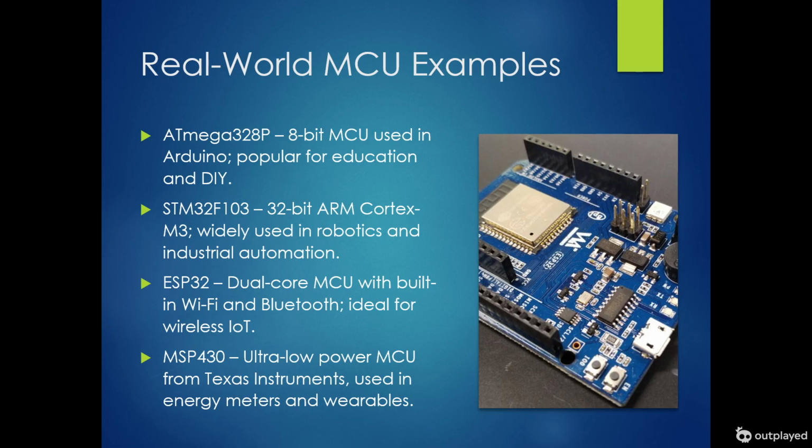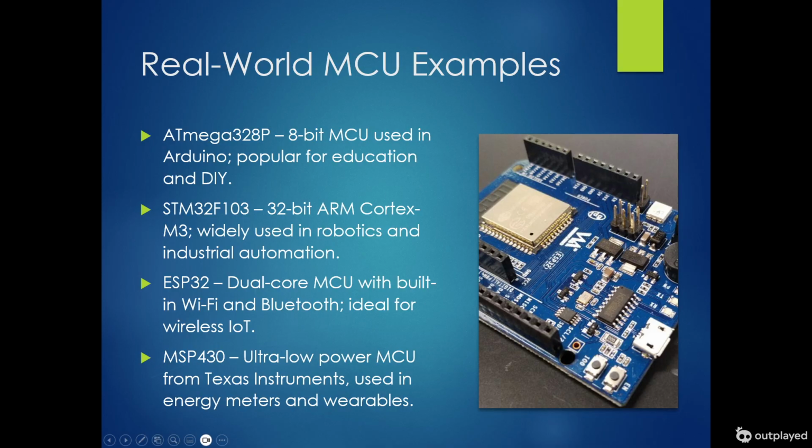The next one is the STM32F103, which is widely used in robotics and industrial applications. The next one is the ESP32, which includes built-in Wi-Fi and Bluetooth, making it suitable for IoT systems. And last but not least, the MSP430, which is well known for its ultra-low power operations.